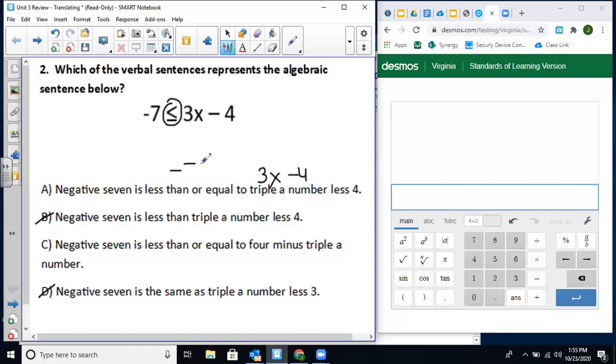So this one seems to have all of our pieces, but let's double check with C to make sure. -7 is less than or equal to 4 minus triple a number. Okay, so this one doesn't necessarily match, but A does. Because for C, it kind of has it flipped. These two pieces are flipped, so it cannot be C.